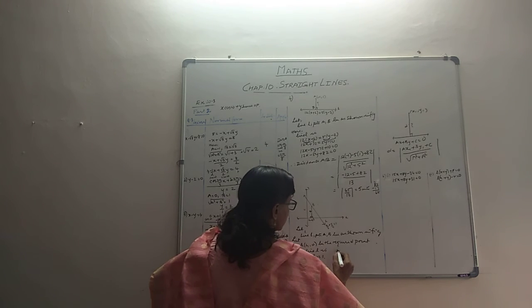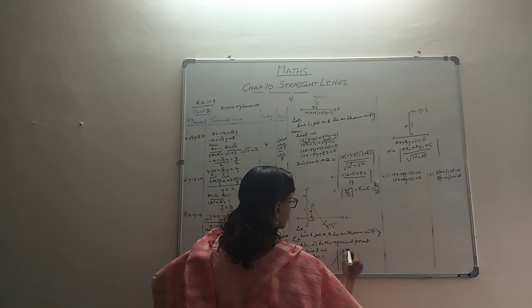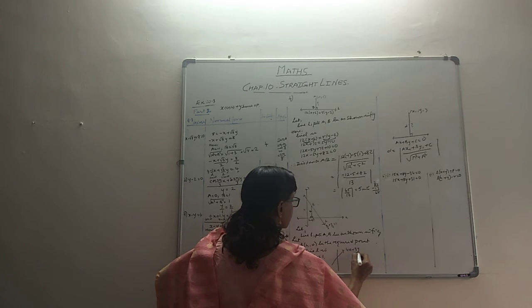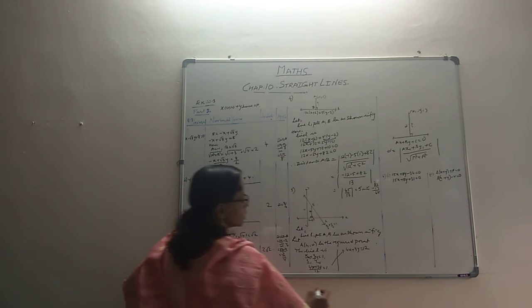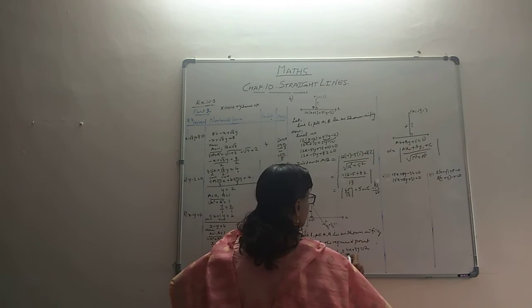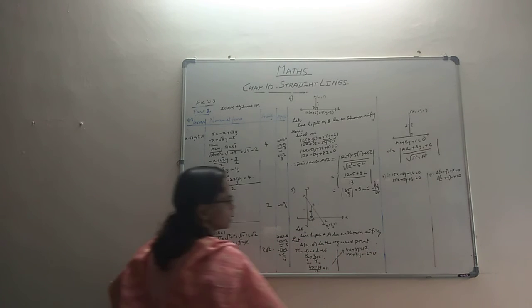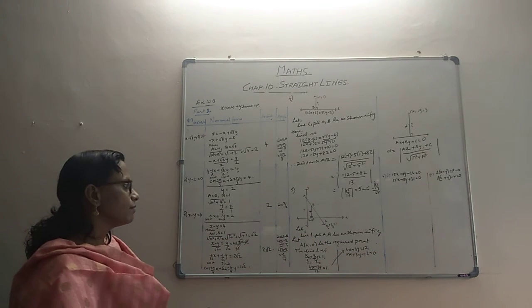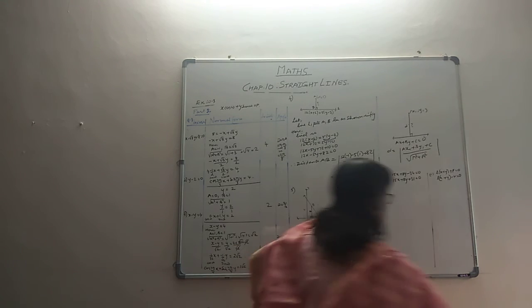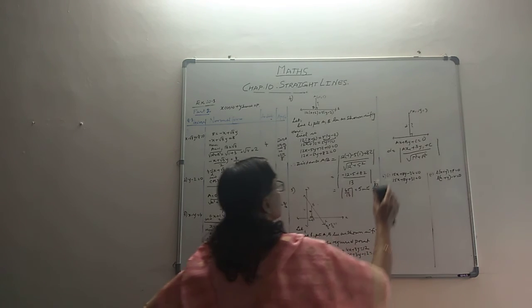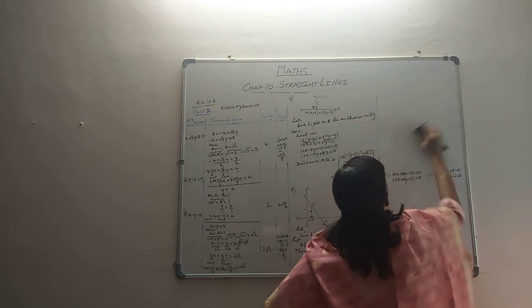On further solving, it will come to 4x plus 3y equal to 12. Or, to make it more correct, 4x plus 3y minus 12 equal to 0. That's the equation of your line. We are supposed to be finding the distance AB, so let us find out the distance AB.